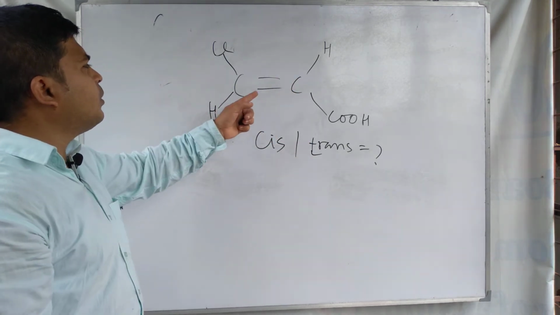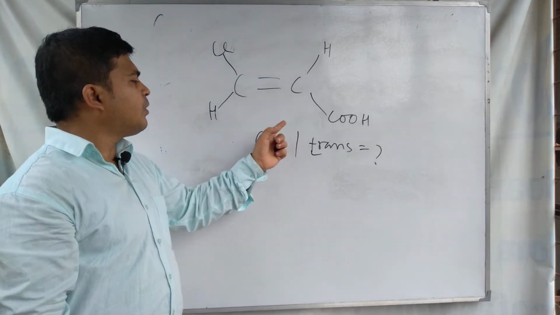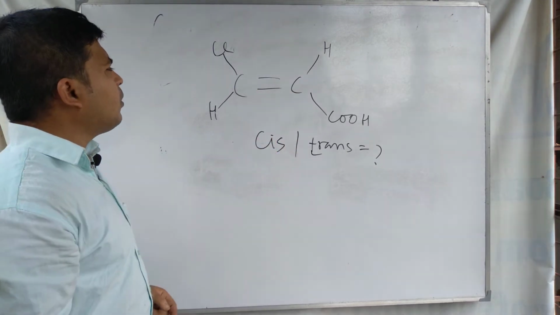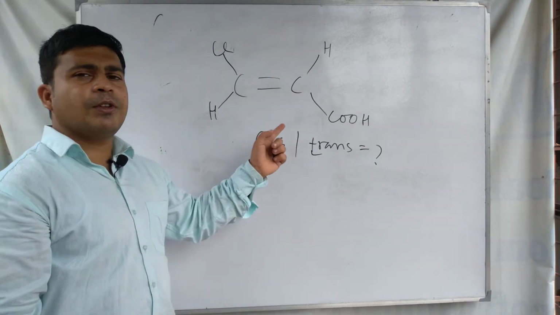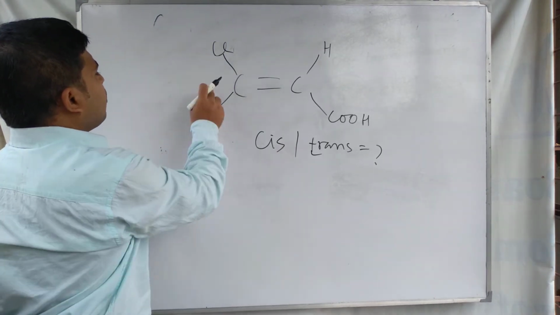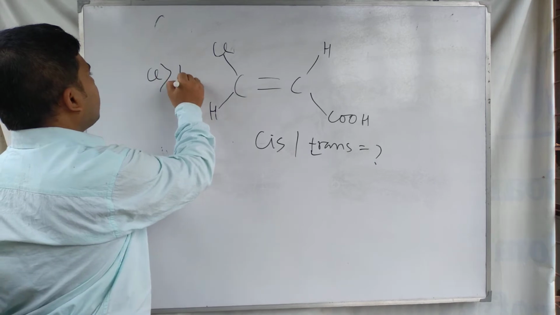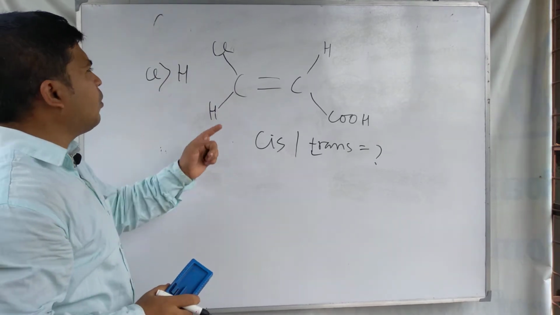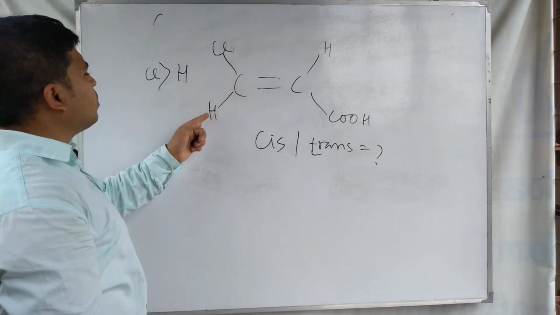Now we have to determine whether this one is cis or trans. For this we have to know the priority. Among hydrogen and chlorine, chlorine has greater priority because it has a higher atomic number than hydrogen.